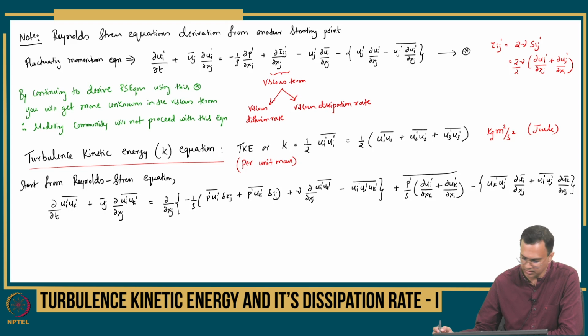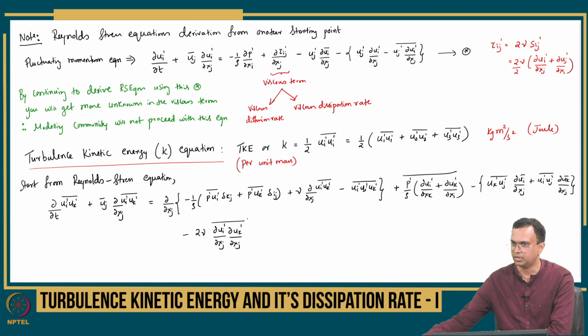And finally the dissipation rate term, which is minus 2 nu dou ui prime by dou xj dou uk prime by dou xj.